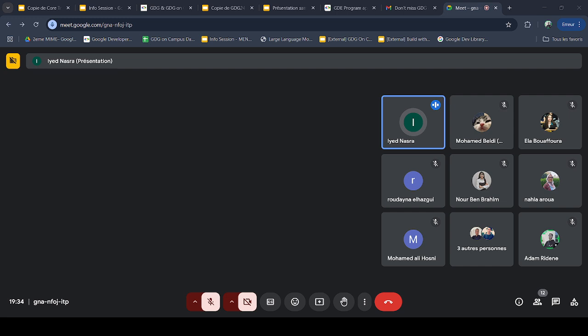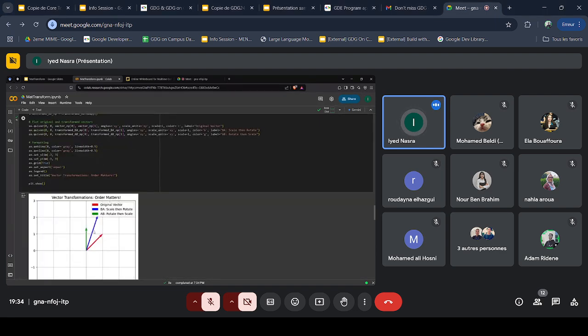So here we have applied two transformations: a scaling transformation and a rotation transformation. The blue vector and green vector are the transformed ones. The blue one was the red scaled then rotated.